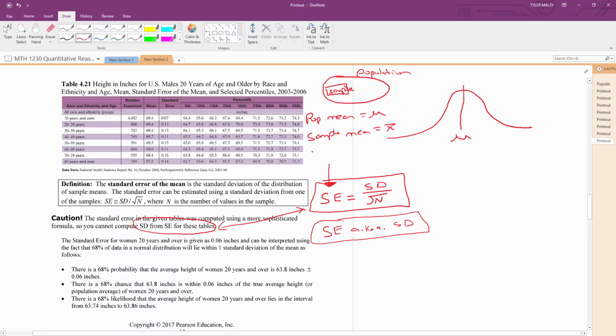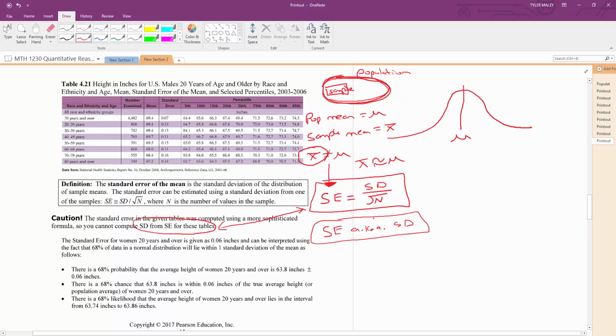In general, x bar is not equal to mu, but we use x bar to estimate mu. The general idea is that if we're doing a study, we can't possibly get data on the whole population. That's not very typical. So what we do in statistics is get a sample mean and use that to estimate the population mean.